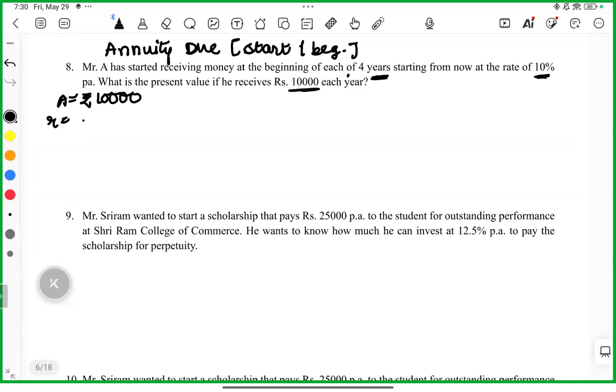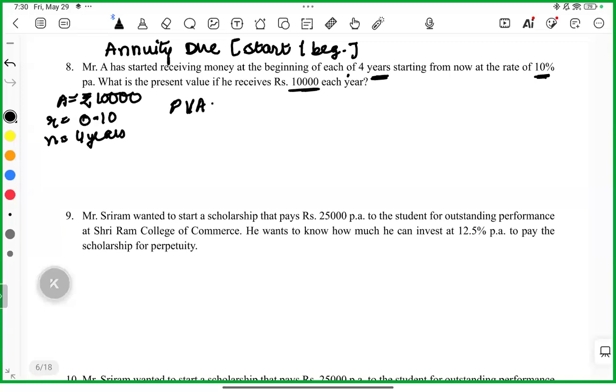R is equal to rate of interest, which is 10% or 0.10. N is equal to 4 years. Okay, I am writing the formula. You don't have to worry about the formula.